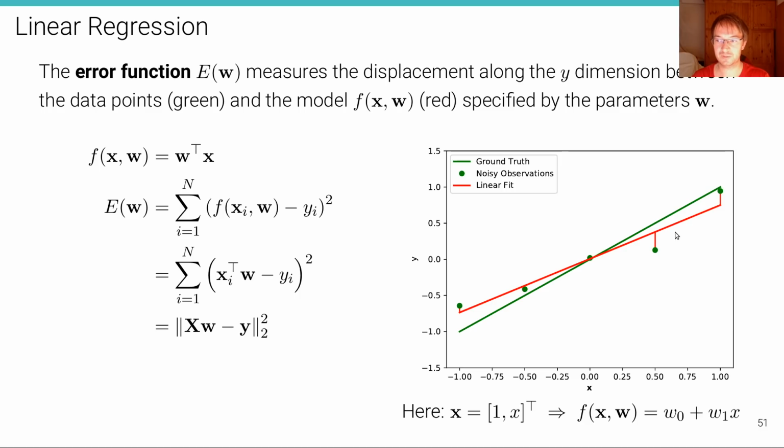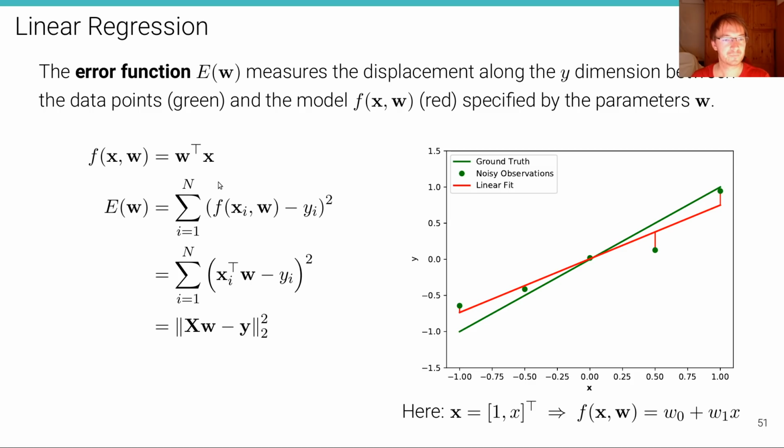And the model is specified by the parameters W. So these are basically the errors that the model makes, and we want to minimize the overall error, so the sum of all errors. In the case of linear regression, we choose a linear model for that function. So here we have this function represented as a linear model. This is just the inner product between a weight vector W and the input features X.